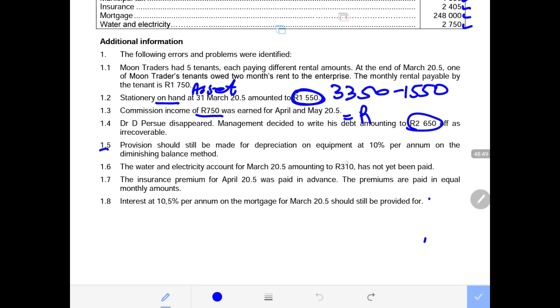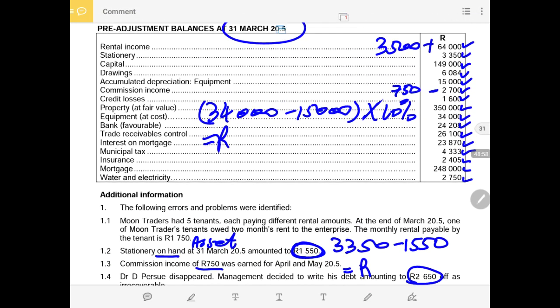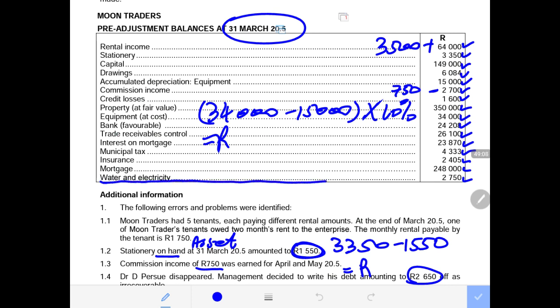Now the water amount of 310, which is for the month of March, is accrued, meaning not yet paid. What does this mean? It means the amount of water and electricity that we see in the trial balance, the amount of 2,750, is less than it was supposed to be.